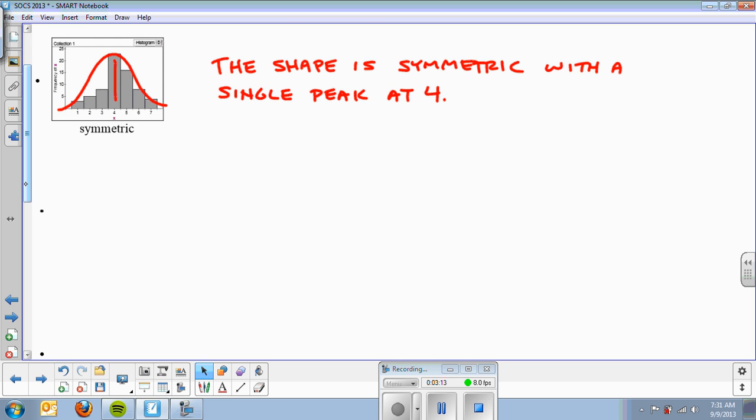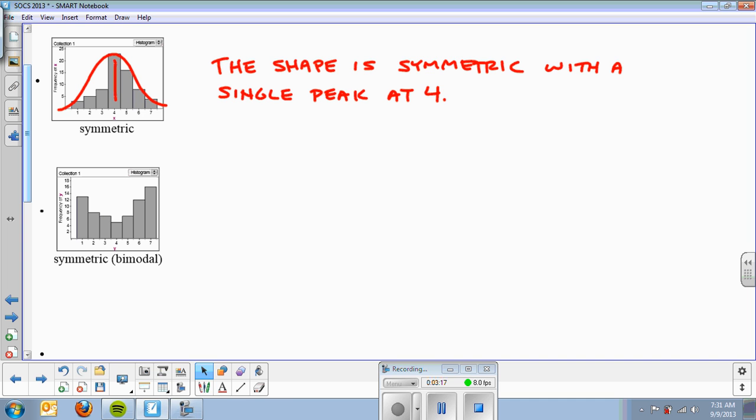The second one is going to be symmetric bimodal. This graph's still symmetric. If I were to cut it in half, it's still the same on the left and the same on the right. But it takes on this bimodal look, these 2 modes. Mode means most. You've got a bunch of 1s occurring here, and a lot of 7s. So we call this bimodal.